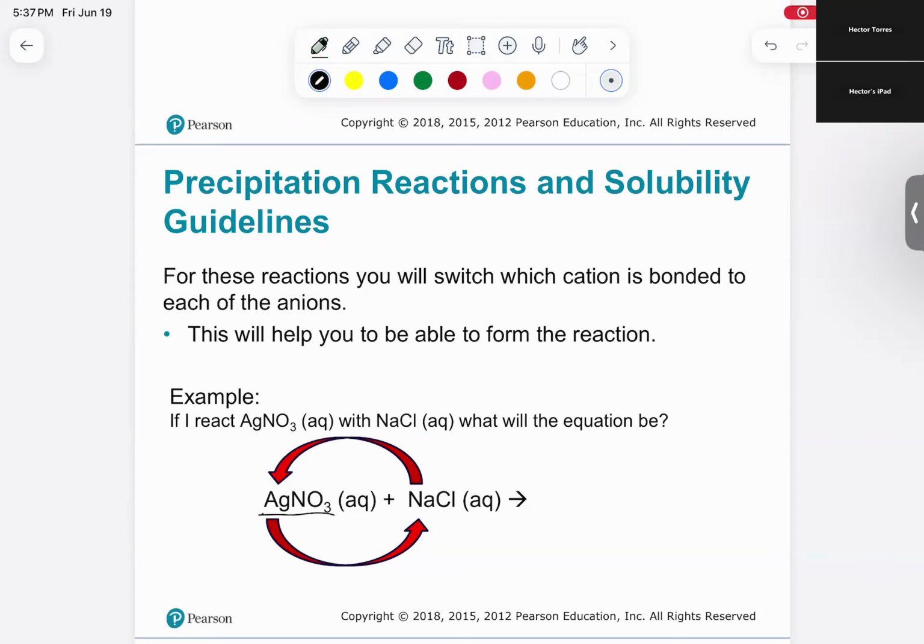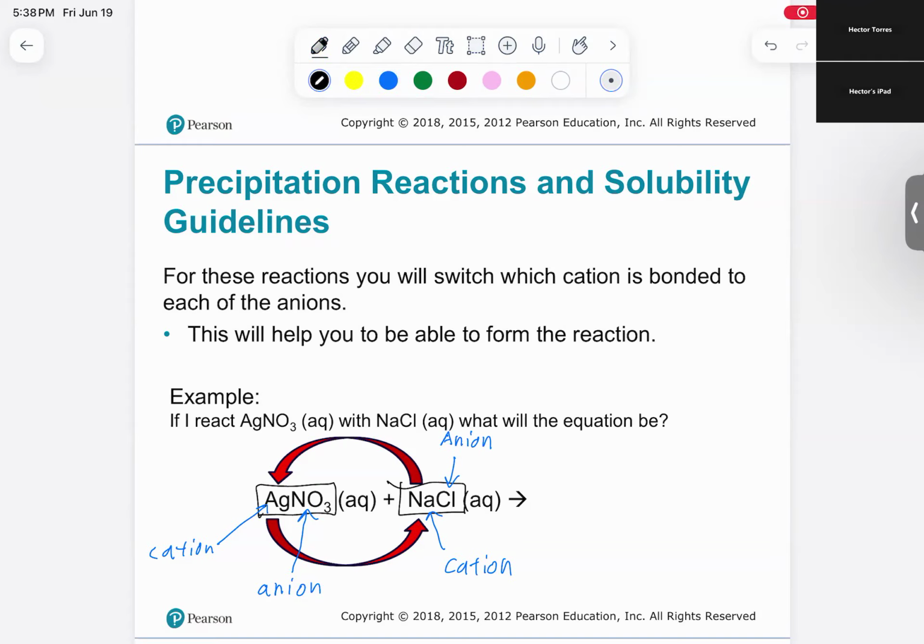So on here, I have AgNO3 as one of the molecules, and I have NaCl. If you look at these, Ag is going to be our cation. NO3 is going to be our polyatomic ion, but it's also an anion because it has that negative charge. Na is a cation; we can tell because it's a metal. Cl is going to be our anion.